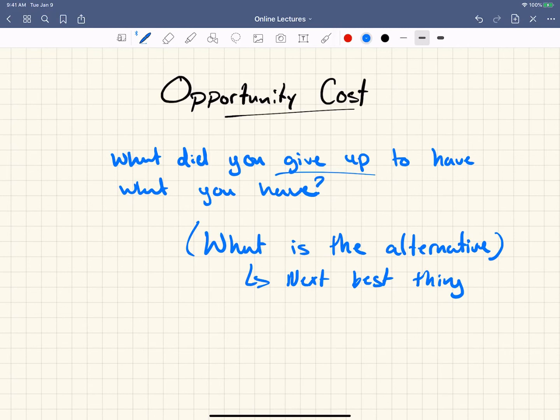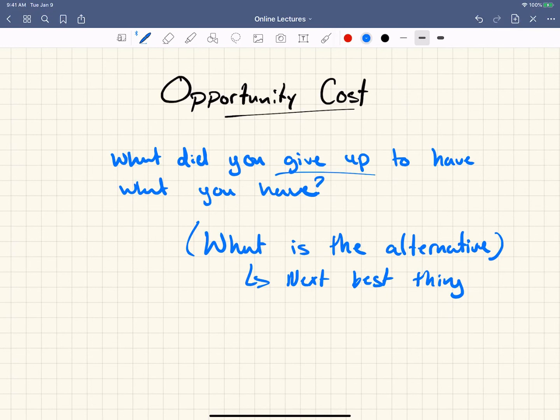Okay, the opportunity cost, therefore, is different for every person or every business. Additionally, the opportunity cost isn't everything you possibly could have done. It's only the next best thing you gave up. So if you decide to go party with your friends on Friday night, what's the opportunity cost, right? Well, if you had not partied, you could have slept, you could have studied, you could have spent time with your kids.